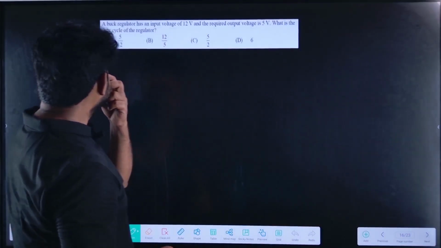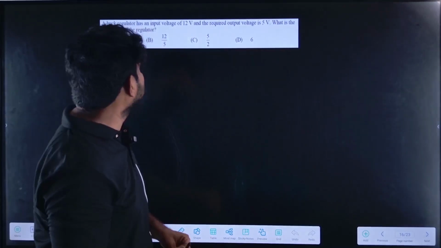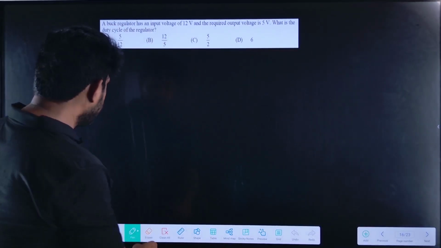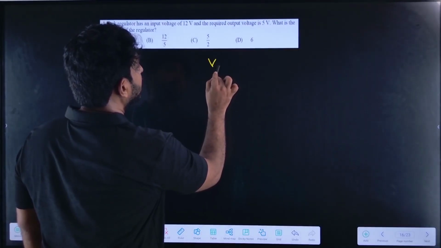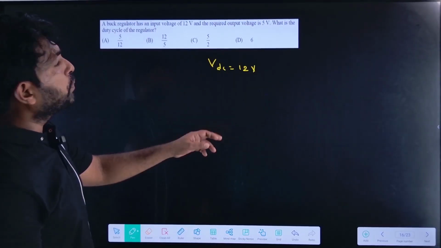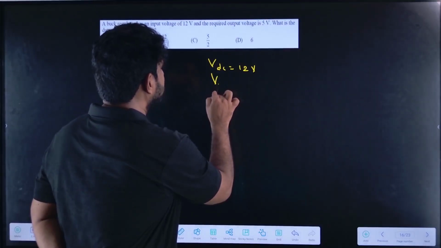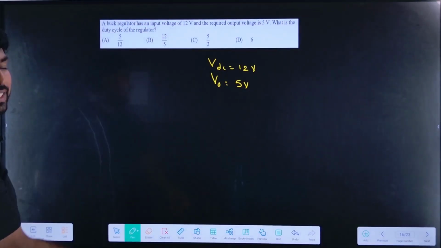Now let us see the next question. A buck regulator, which is nothing but a buck converter, is given with an input voltage of 12 volts and an output voltage V0 of 5 volts. What is the duty cycle? Very simple question.